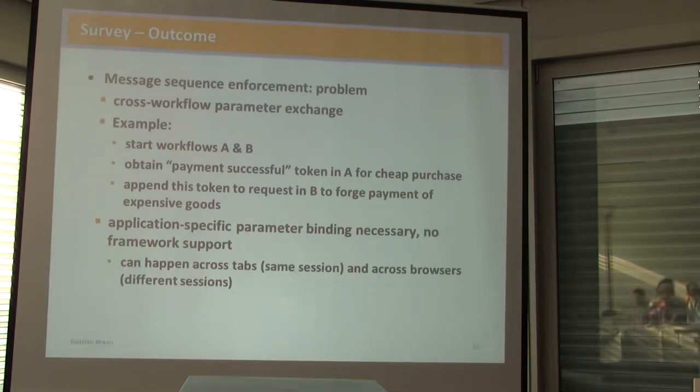And this token was attached to the other tab, finally directly calling the final confirmation page. This is similar to what I showed in the beginning. And this shopping website accepted this request, saying, okay, this is a valid token, payment was successful, and then they shipped the even more expensive items. So this is a cross-workflow attack, which cannot be prevented by Spring, even using this Webflow extension.